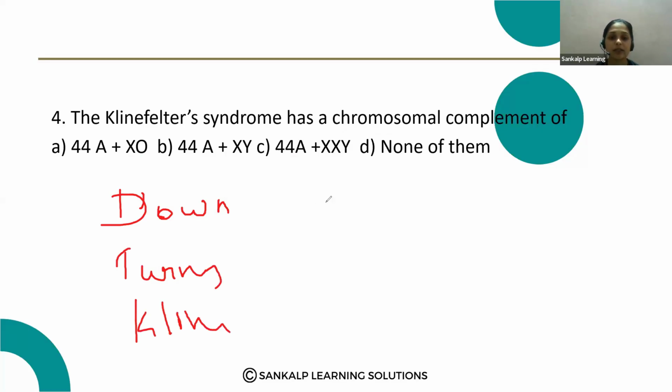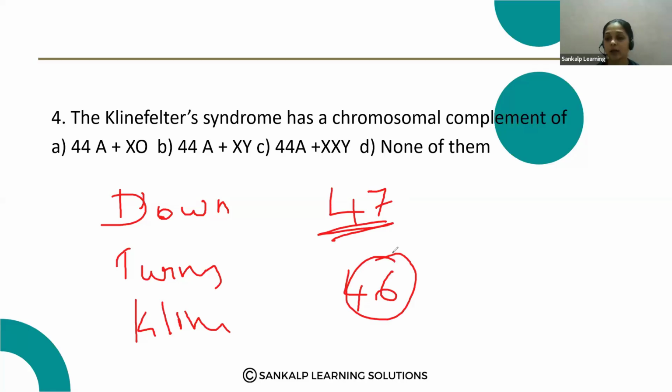In case of Klinefelter syndrome, the total number of chromosomes is 47. The normal number of chromosomes in a human being is 46. But in Klinefelter syndrome, the person has 47 chromosomes.